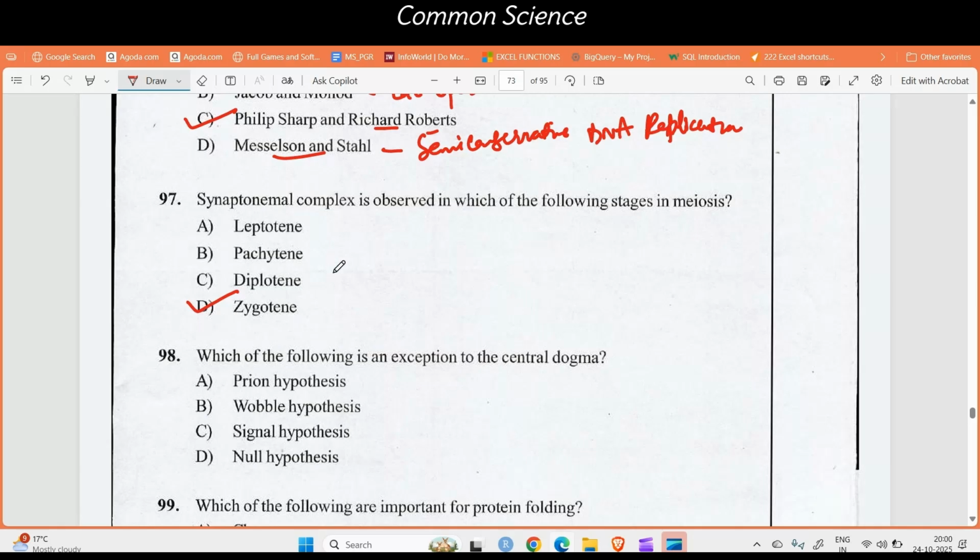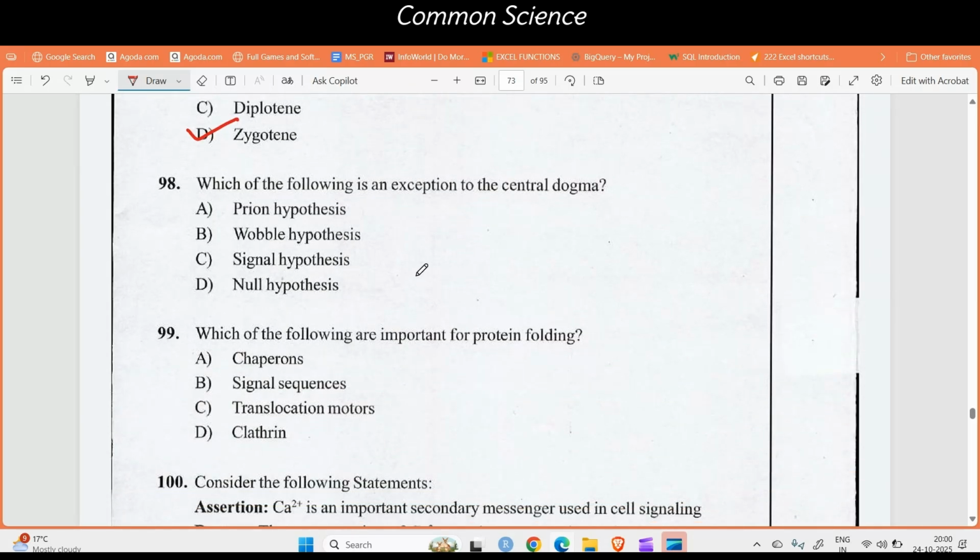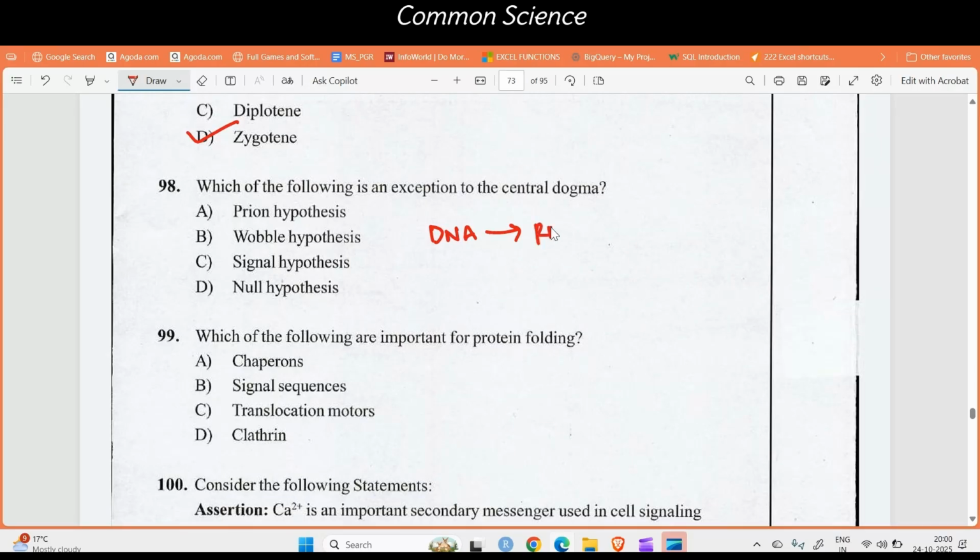Okay. 98. Which of the following is an exception to the central dogma? Central dogma is DNA, RNA, and from RNA protein is formed. Okay, so this is the central dogma. Prion hypothesis says that proteins are the infectious agents.